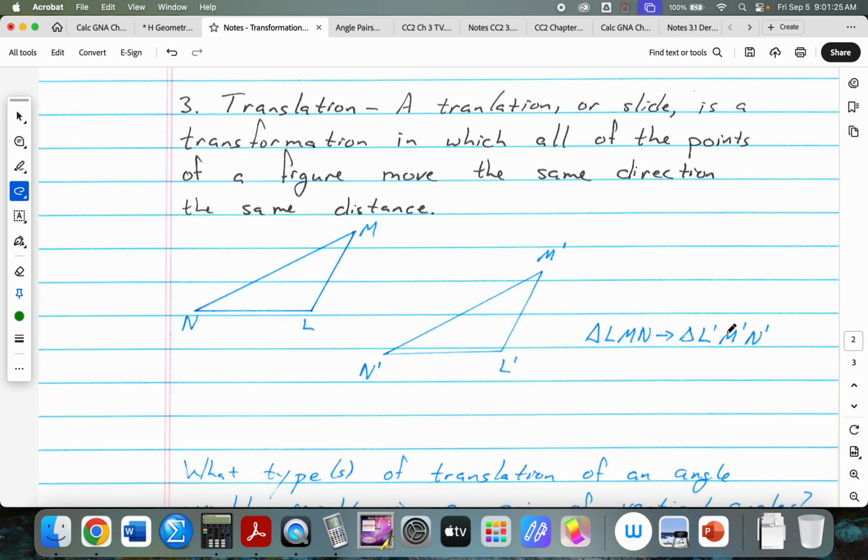A translation, or what you may have called a slide in earlier math classes, is a transformation in which all the points of a figure move the same direction, the same distance. So what does that mean?